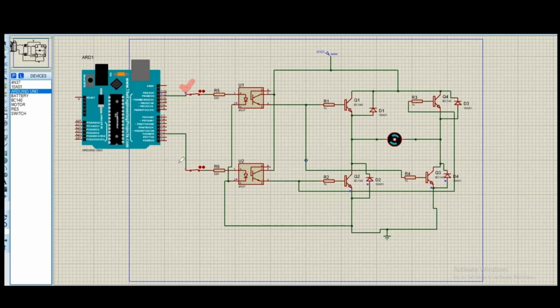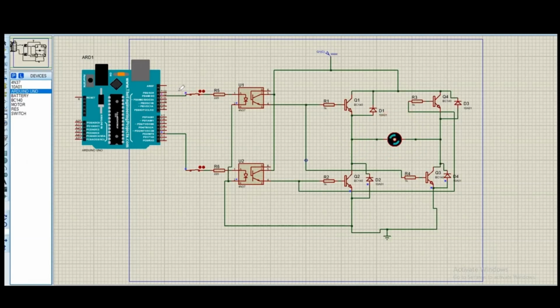And after a delay of 5 seconds, pin number 2 has become on, and this motor is moving in the other direction. After 10 seconds, both of them became off. And after a delay of 5 seconds, this pin number 12 again comes high, like the loop has restarted itself, and the motor is moving in the opposite direction.